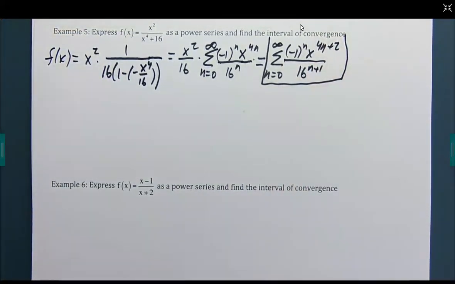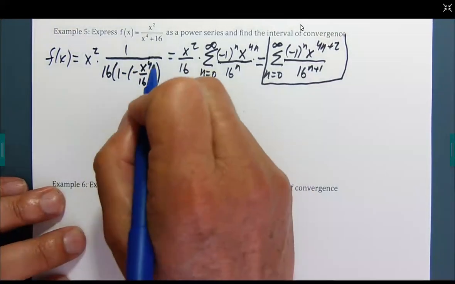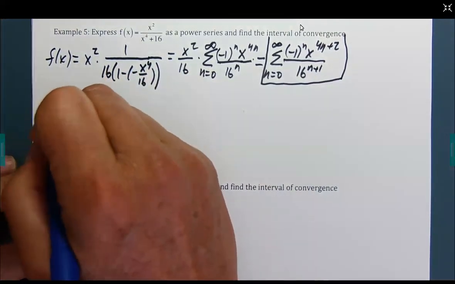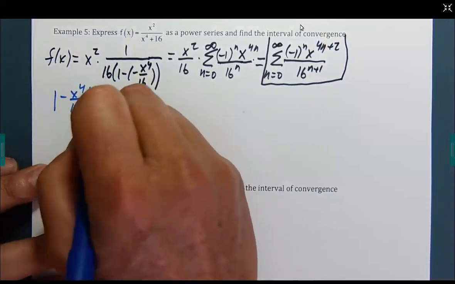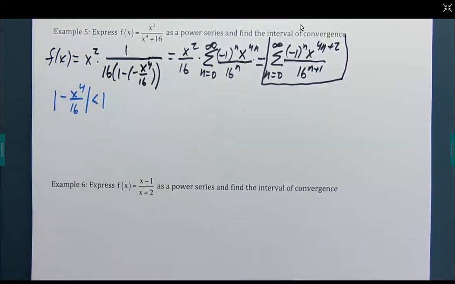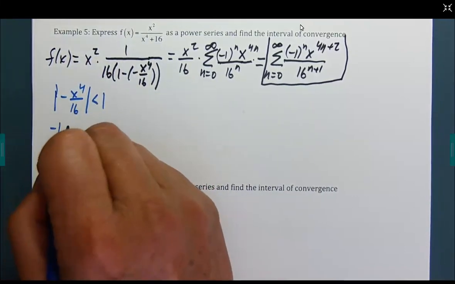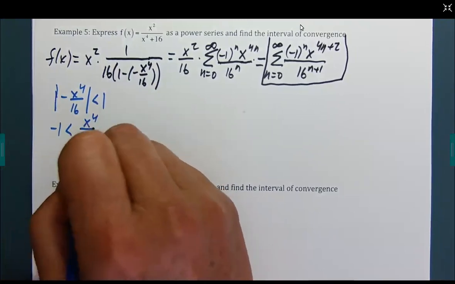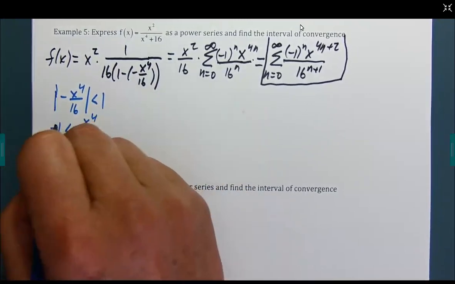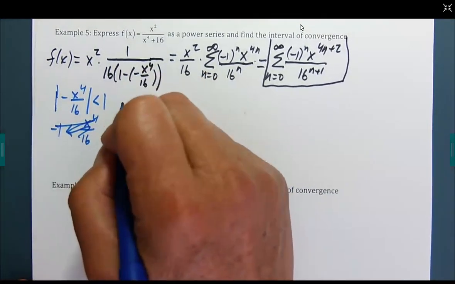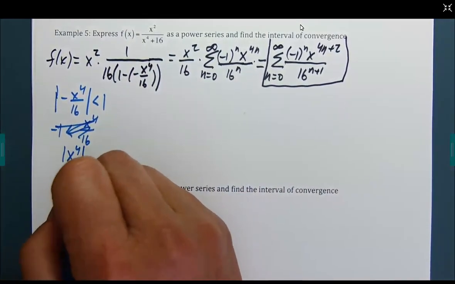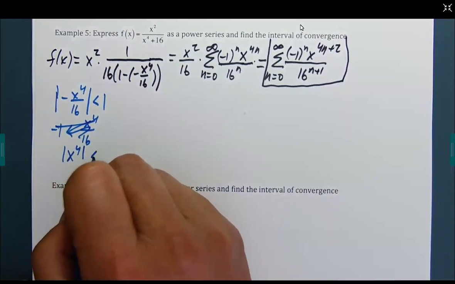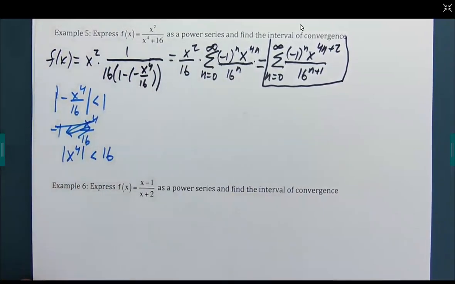So to find the interval of convergence, here's my r again. It needs to be less than 1. Absolute value takes care of the negative, no problem. So negative 1, x to the 4th over 16. Let's keep it in absolute value form for now. So that's going to give us x to the 4th absolute value is less than 16.